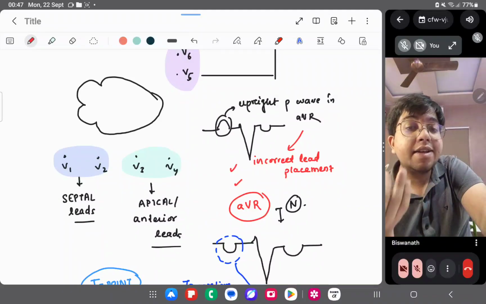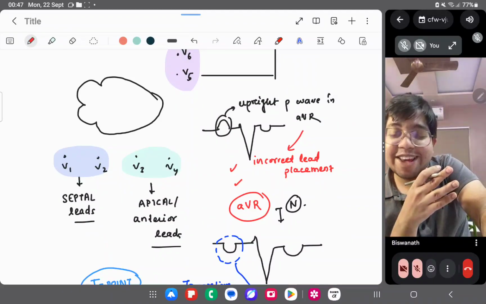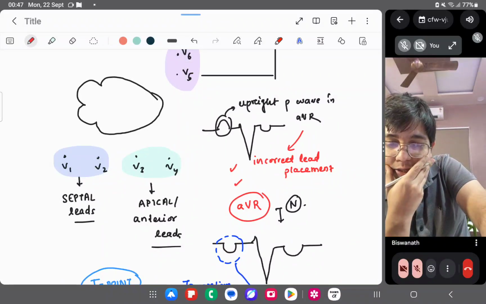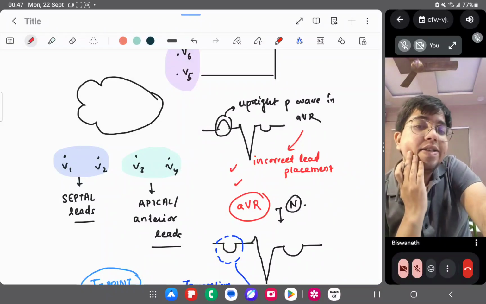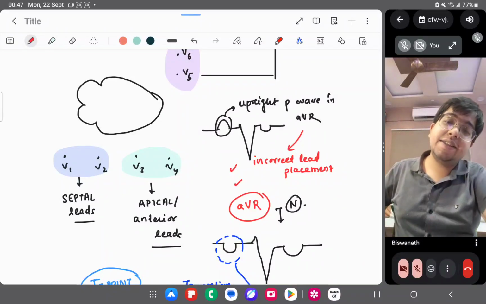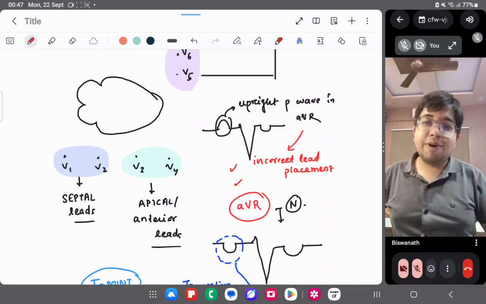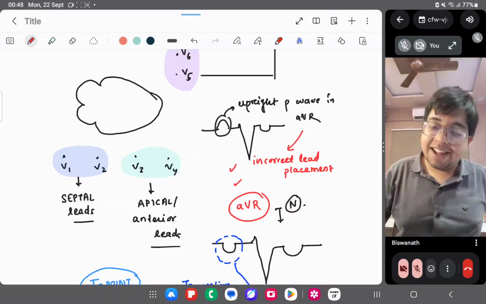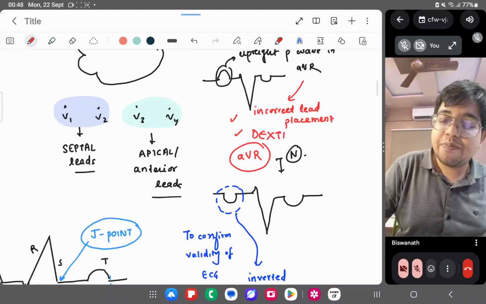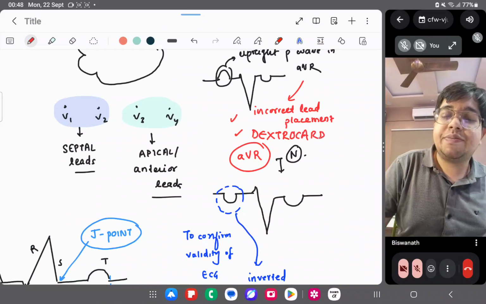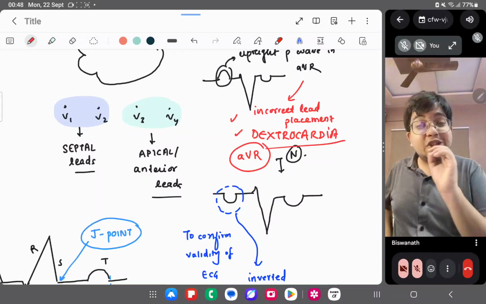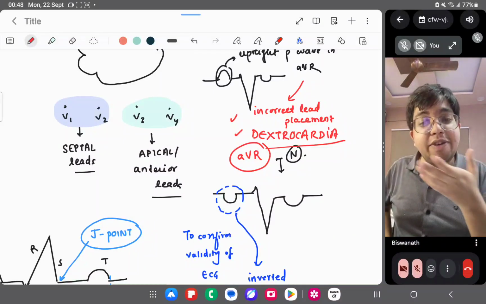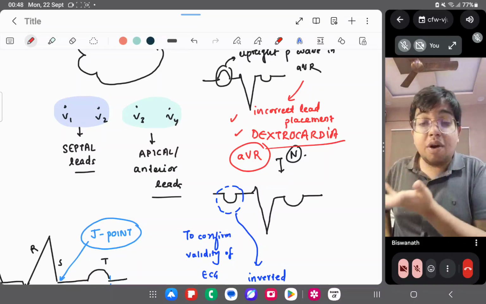Or the heart itself is on the right side, which is the condition of dextrocardia. This is a very rare possibility. The most important cause is incorrect lead placement, but we can't rule out dextrocardia.